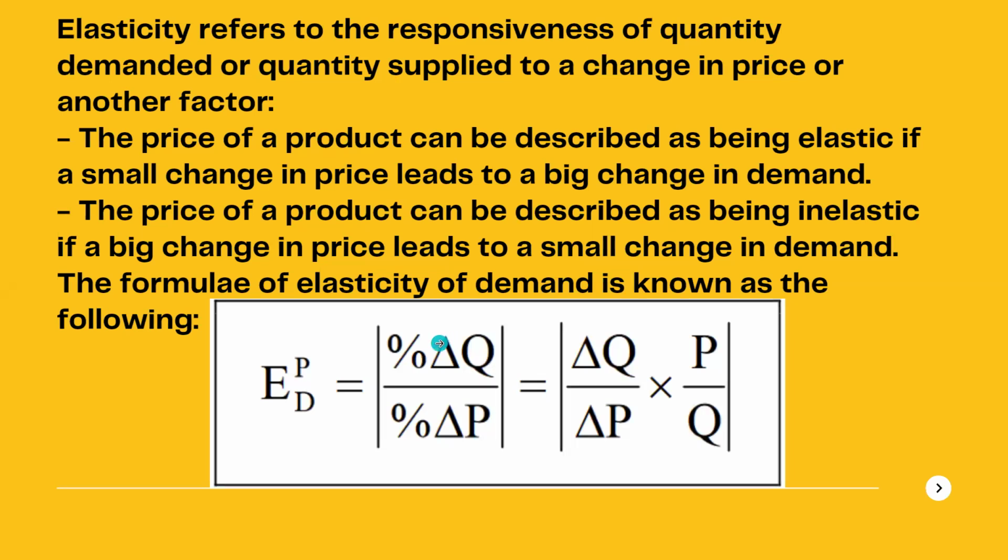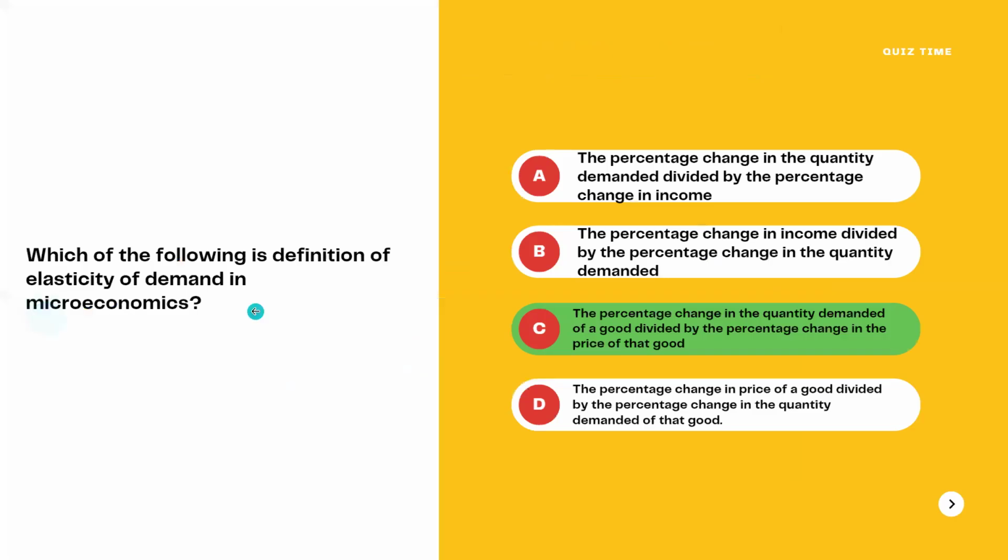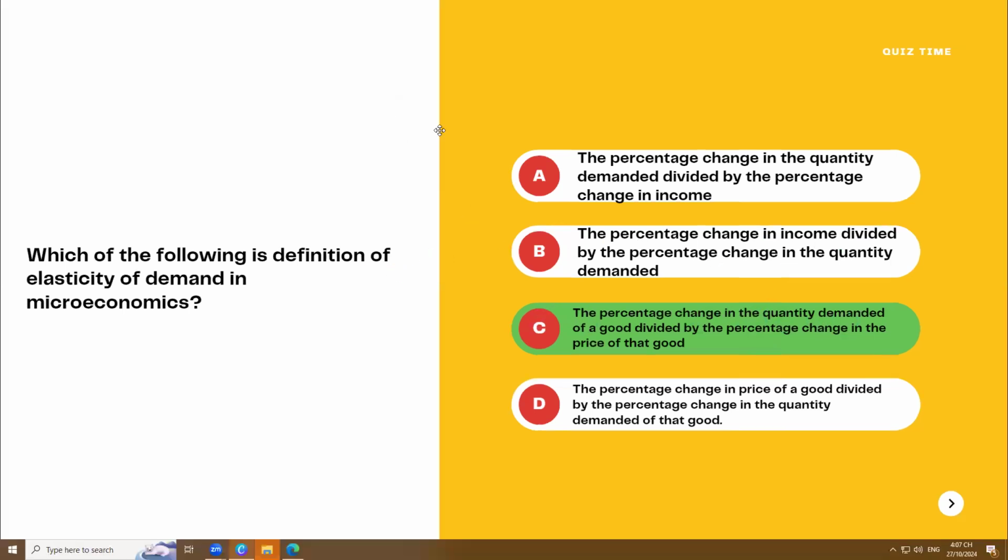It is about letter D, right? Delta Q over delta P. So it is the change in quantity demanded divided by the change in the price of that good. So congratulations to all of you, all the answers here are correct.